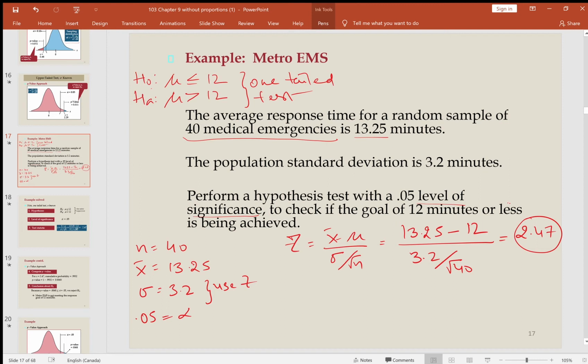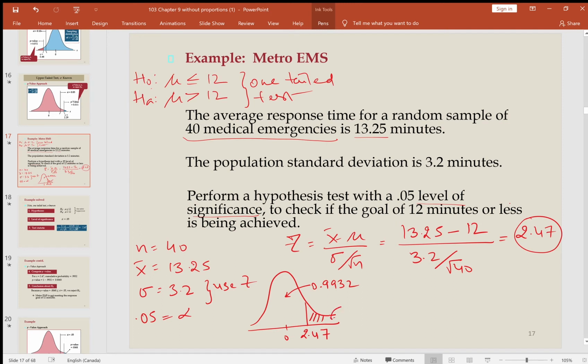Now if you draw the z curve, this is 0, this is 2.47, and if you look up the z table, what you will find is that this area is 0.9932 if the z-score is 2.47.